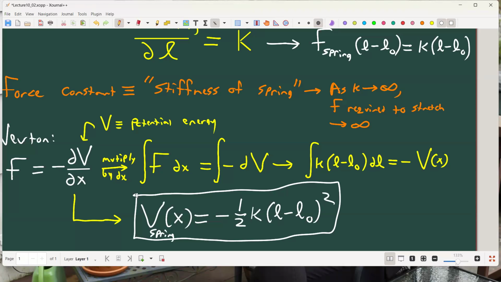So now you have this competition, if you will, between kinetic energy and potential energy. When we think about the energy states of this system, as a function of the position of the atom in the box, they're going to have a balance of kinetic and potential energy. It's not just kinetic energy. There's some potential as well.